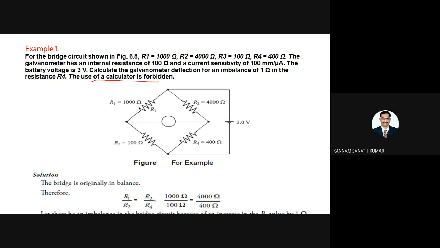Under balancing condition, R1 by R3 equals R2 by R4, so 1000 ohm by 100 ohm equals 4000 by 400 ohm. There will be an imbalance because of an increase in R4. Due to an increase of 1 ohm in the R4 resistor, the galvanometer is in an unbalanced condition.